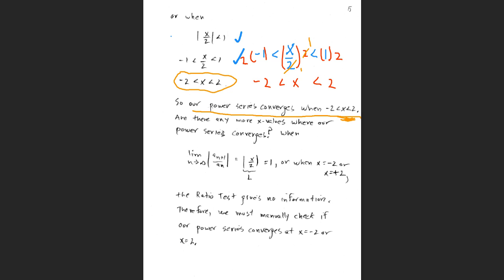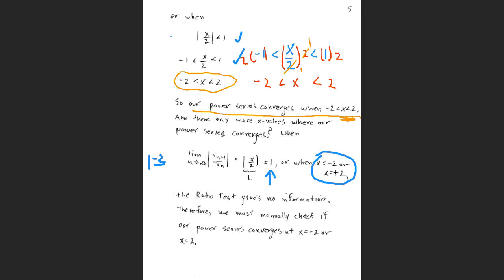what about the endpoints of the interval, where x equals -2 or +2? Well, if we try to use the ratio test, the ratio test would just give us a 1 if we substitute in -2 or +2. We know the limiting ratio is the absolute value of x over 2.